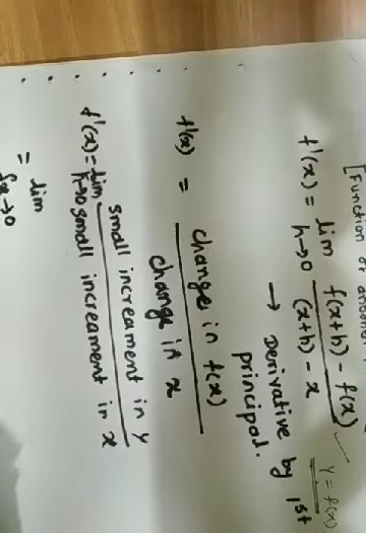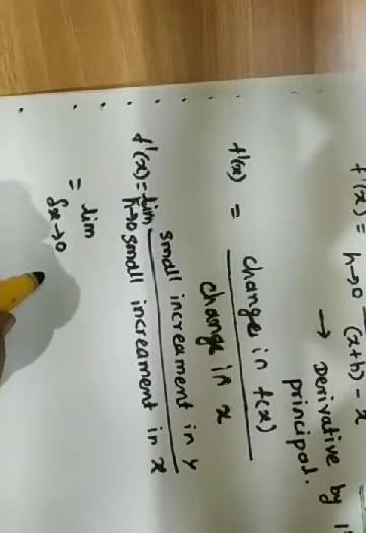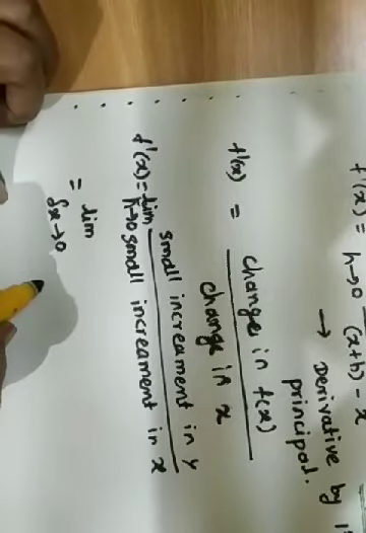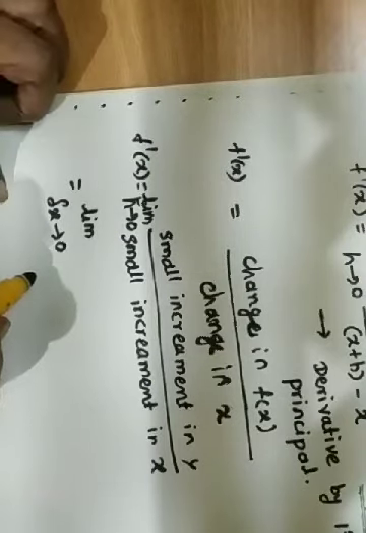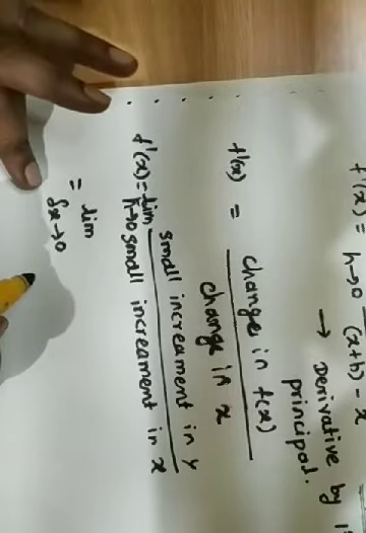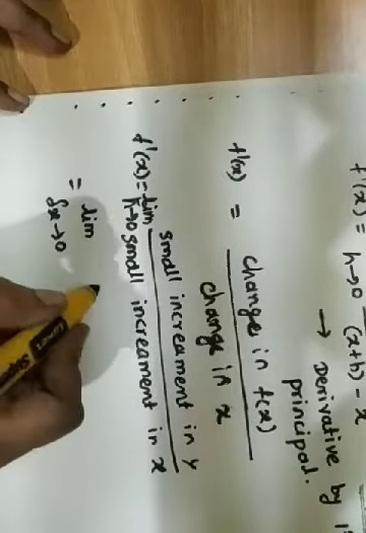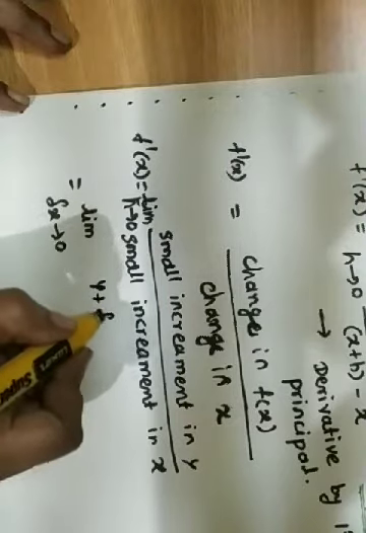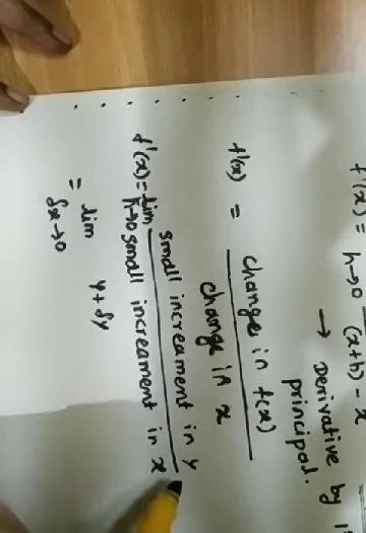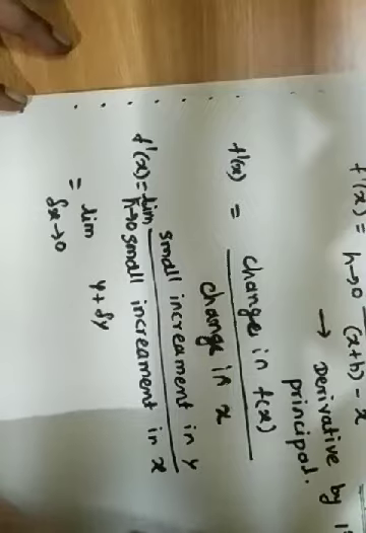We have to denote this h, that is small increment, as delta x tending to 0, because whenever there is increment in the variable, we put this notation, delta. Therefore, the small increment in y is written as y plus delta y, because y is equal to f of x.